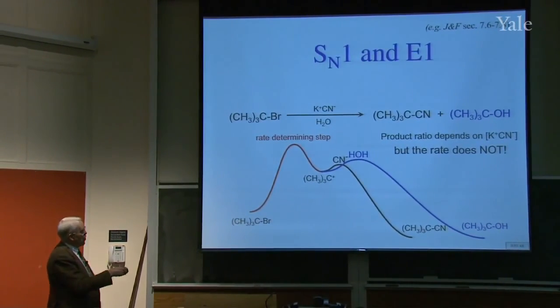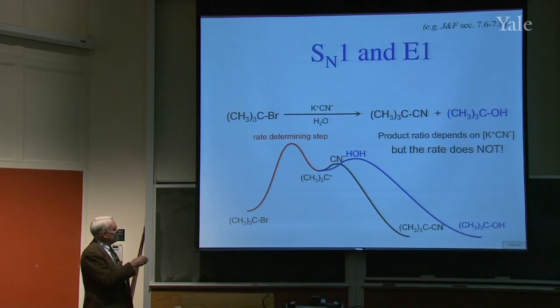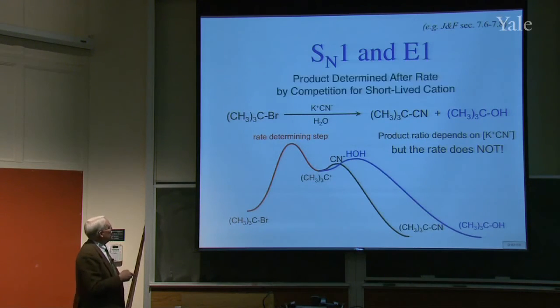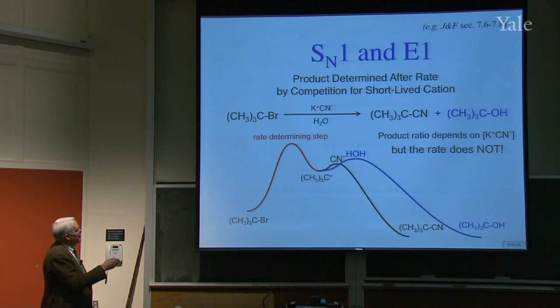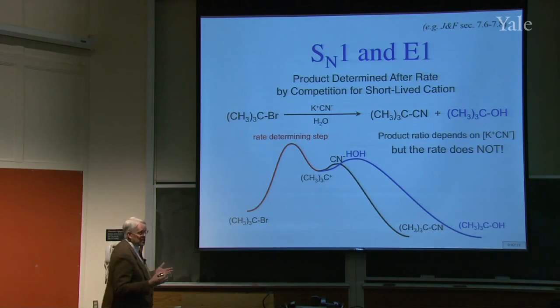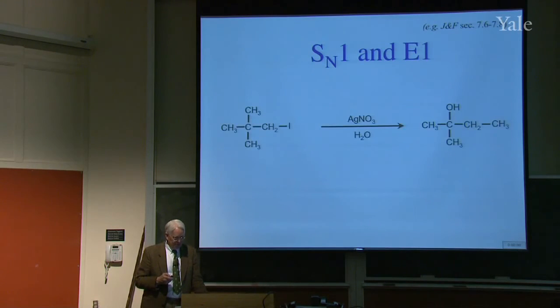That happens before you decide which product you get. Now, if you have more cyanide in there, more of it will go this way, right? So you can change the products without changing the rate if you have this cation intermediate. So if the product is determined after the rate by competition for the short-lived cation, that's evidence that you have a cation intermediate in this substitution.